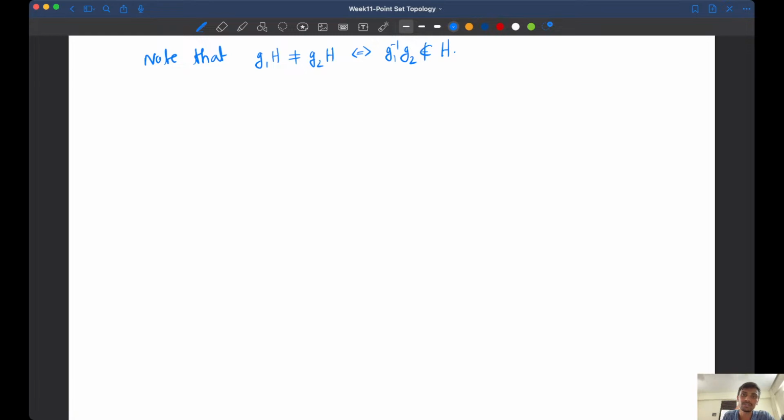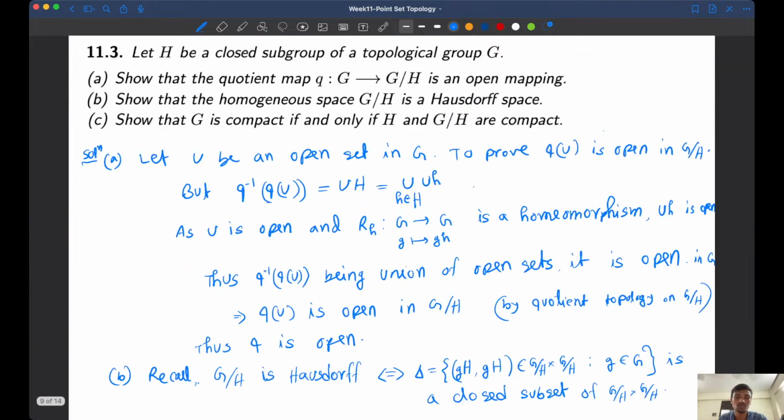That means g2 inverse g1 also belongs to H, so g2H is contained inside g1H. So equality holds, and therefore the sets are not equal if and only if g1 inverse g2 does not belong to H. Okay, so now how can you use this to say this is closed?